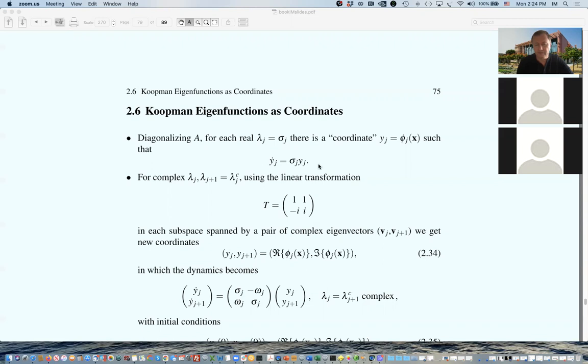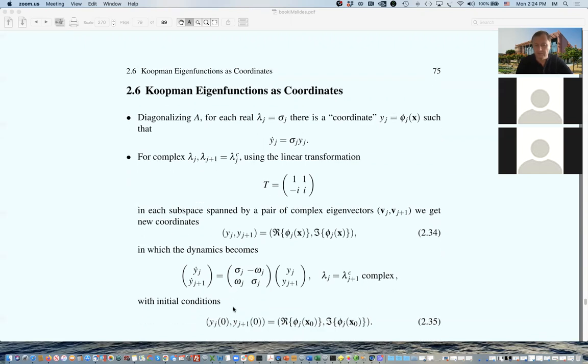The one-dimensional components are simple dissipation, so the one-dimensional system goes to 0, and the two-dimensional components are equivalent to a spring mass damper system with the damping coefficient sigma j and natural frequency omega j.